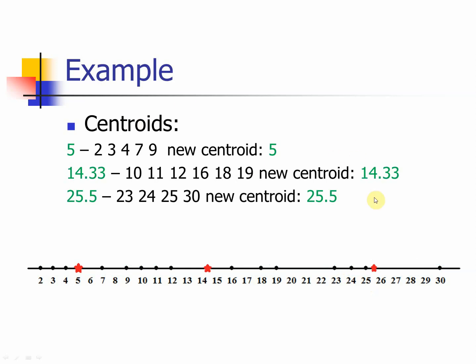We can keep doing this, however the centers will always stay at the same location. That means there are no changes anymore, and that's why we don't need to continue. We can stop there, reporting that we can form 3 clusters with these 3 new locations.